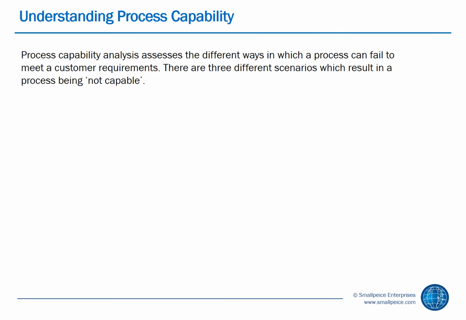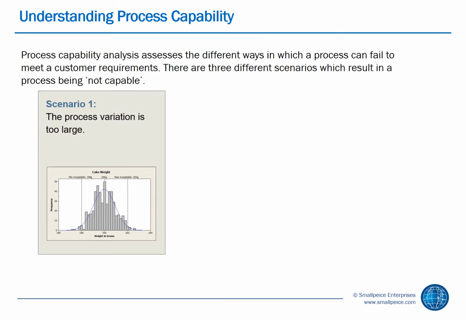Firstly, look at scenario 1. In this case, the process variation is too large. Here the amount of variation in cake weight is wider than the acceptable tolerance limit of 198 to 202 grams, which means that the process is not capable of delivering 100% of the cakes within the customer's weight requirements.